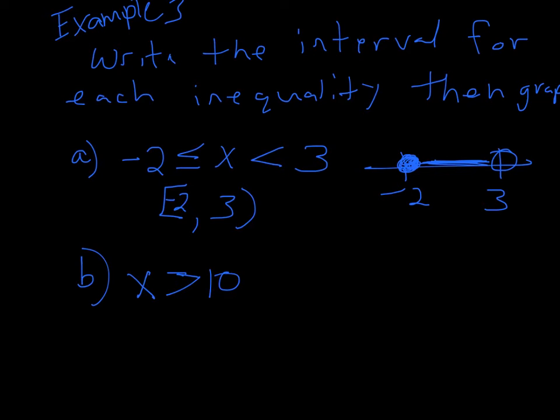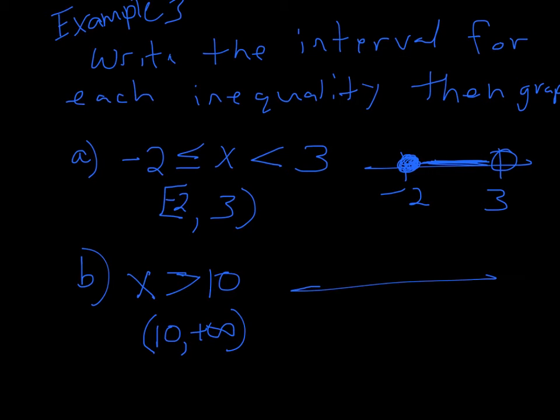So I look at the sign, it's greater than, so I'm going to use a rounded bracket, but it's going to continue forever, so x is to the right of 10, so I'm going to have a rounded bracket on the left, with 10, and then it goes to the right forever. It keeps going, gets bigger than 10. So that's going to be positive infinity, and that'll be a rounded bracket.